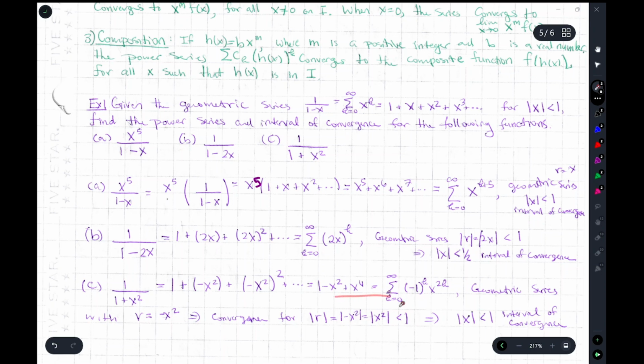And so we'll get these terms here. And this converges provided that x squared is strictly less than 1, which is equivalent to the absolute value of x being strictly less than 1.